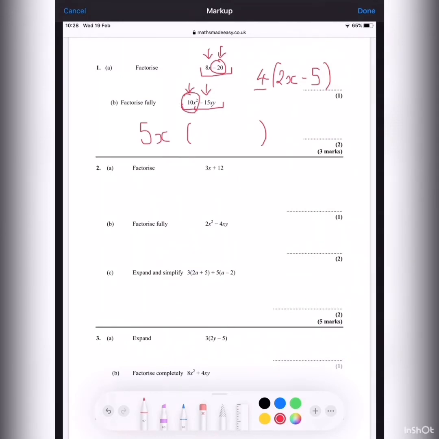So that's the outside of our bracket complete. And then we can start on the inside. So what do we times 5 by to get to 10? Well, it's 2. And we need to times it by 1 more x to get the x squared. Then we've got a minus, remember, because the minus is there and that carries on. Then it's a 3. We've already taken that x, so we've just got 1 y left to put.